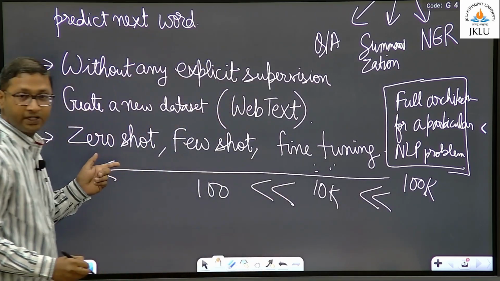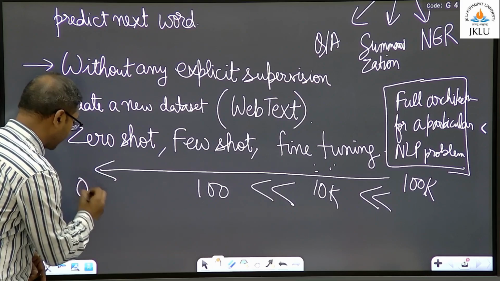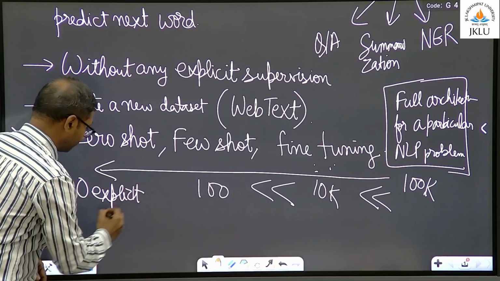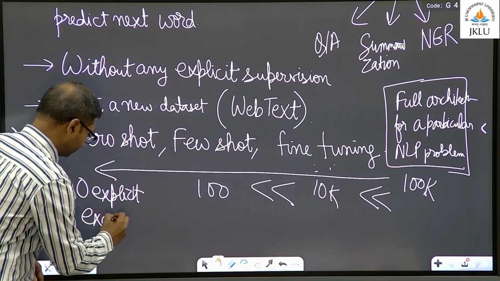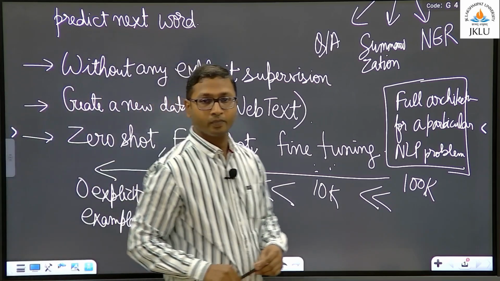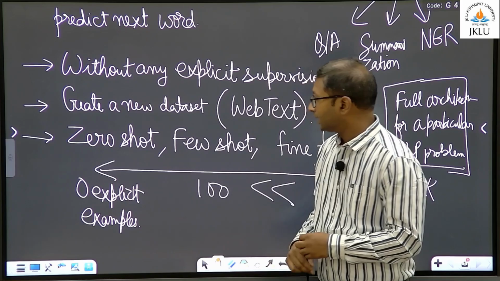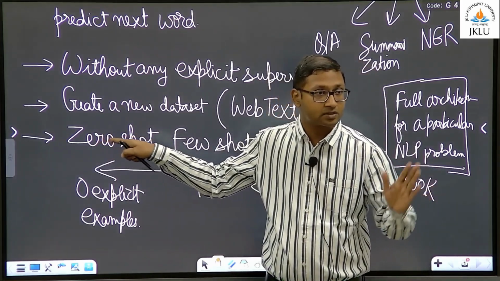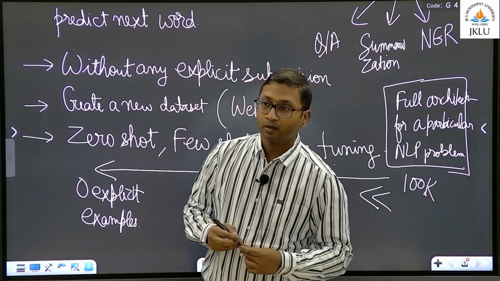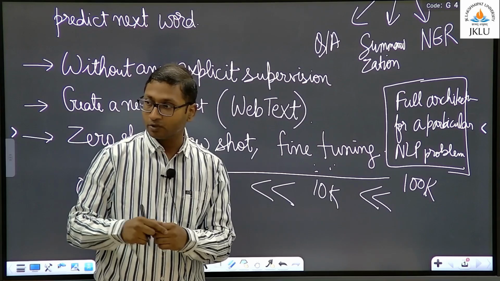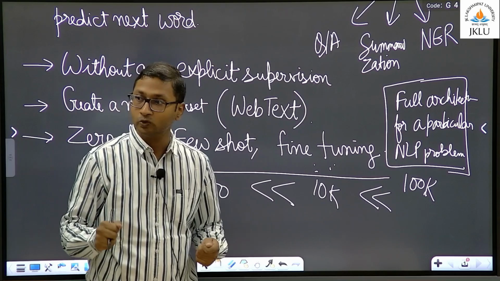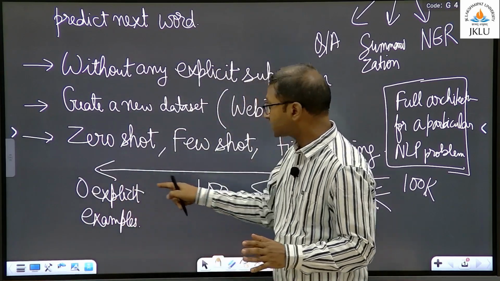And zero shot means zero explicit examples. This is what more or less ChatGPT kind of systems achieve, right? They were not trained on summarization explicitly, question answering explicitly, but it is able to do all these tasks properly.